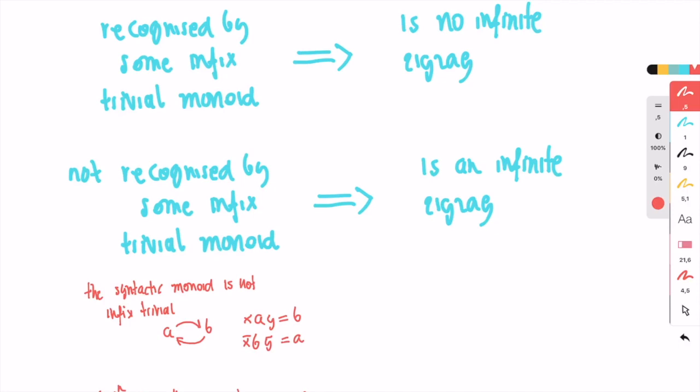And then if I do a similar construction but with B, then this is not in the language. And you can see a zigzag right here, because as you increase the value of n, you get words which are bigger in the Higman ordering. This guy embeds into that guy, and they continue embedding as you increase the values of n, and you get an infinite zigzag. So this part is easy.